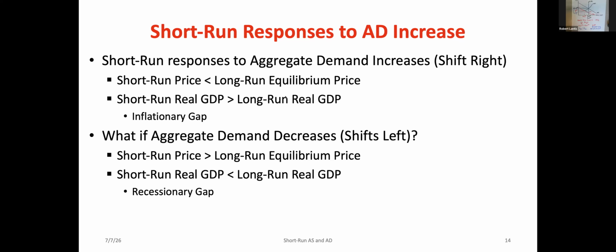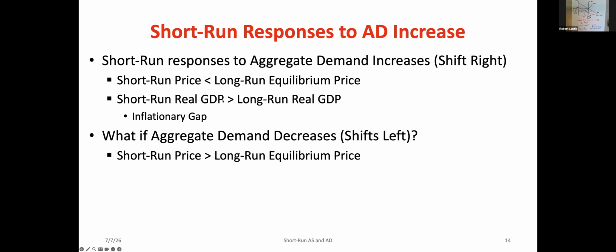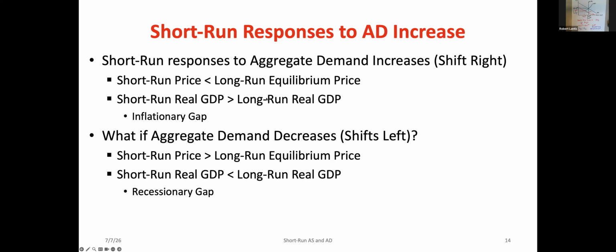I think drawing these aggregate demand increases and decreases out is going to be helpful in determining the relationship between short run and long run prices, and then short run and long run real GDP. But this is just summarizing those.